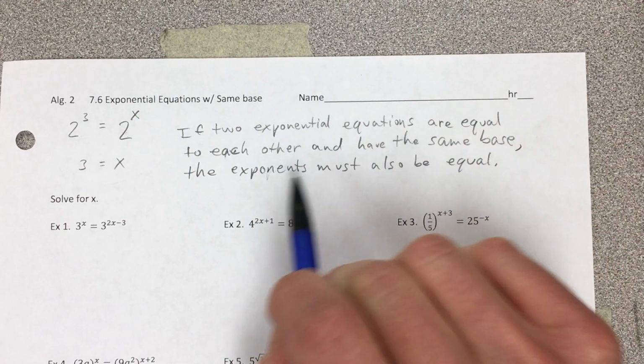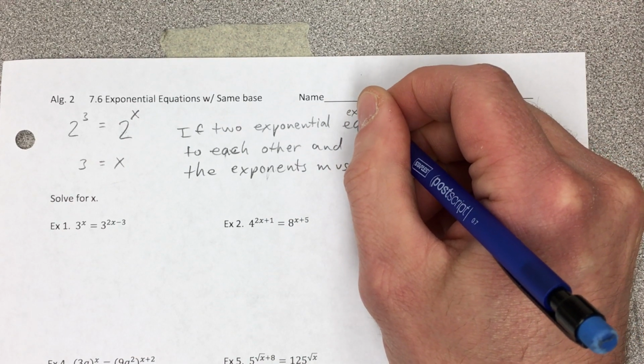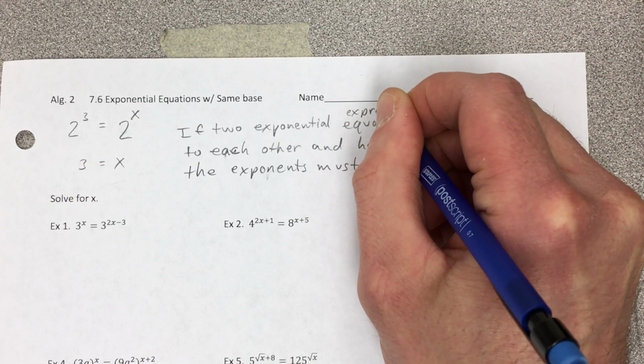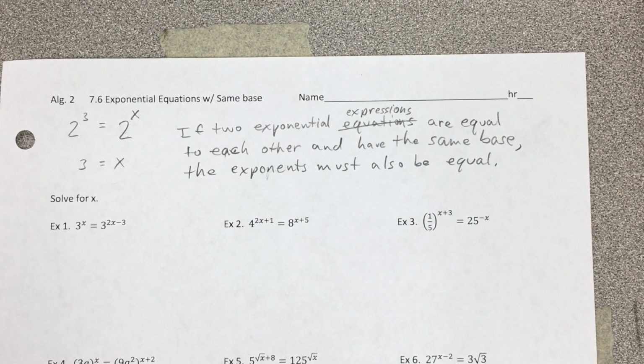Actually, I think it should say if two exponential expressions are equal to each other and have the same base, the exponents must also be equal. I think that makes a little more sense.